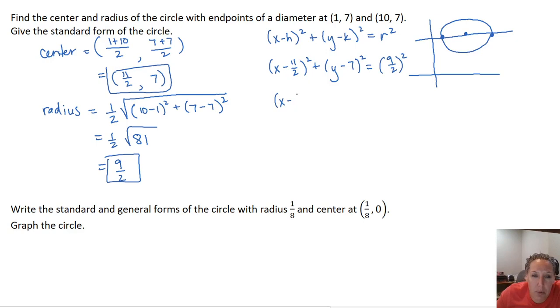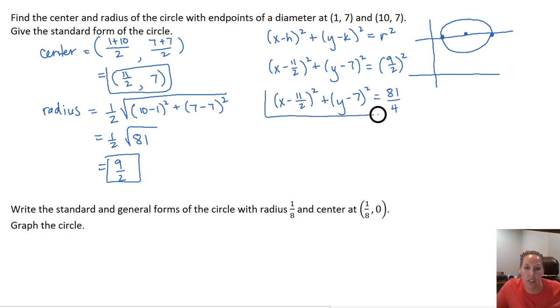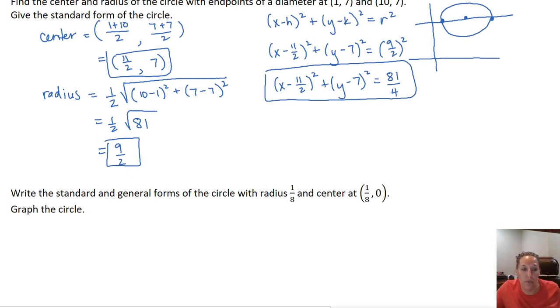And we can go ahead and simplify that right hand side. We cannot simplify the left without foiling because it wants the standard form. So we want to leave it in this form, but we can go ahead and square that right hand side and write it as 81 over 4. So that would be the standard form of our circle.